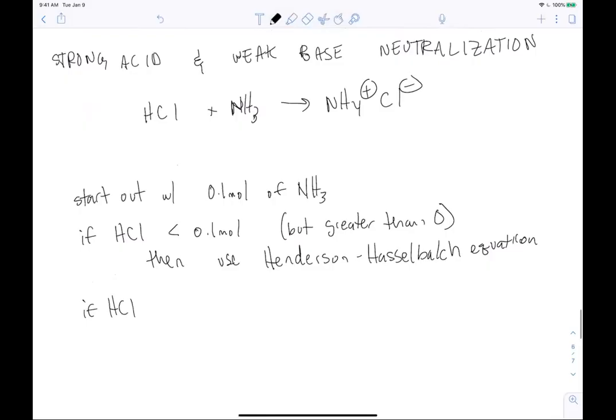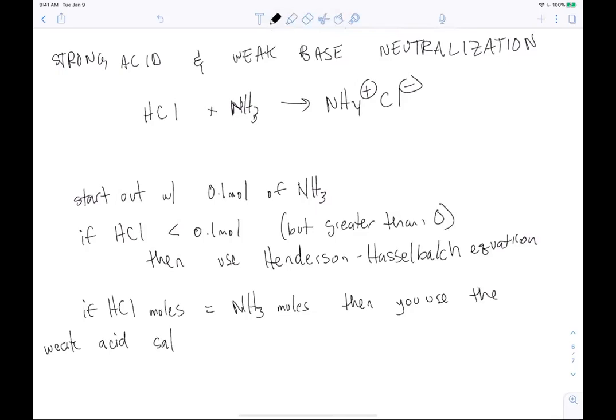If HCl moles equals NH3 moles, then you use the weak acid salt to calculate the pH.